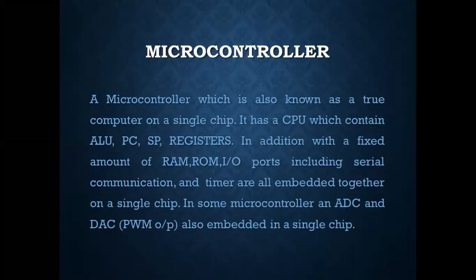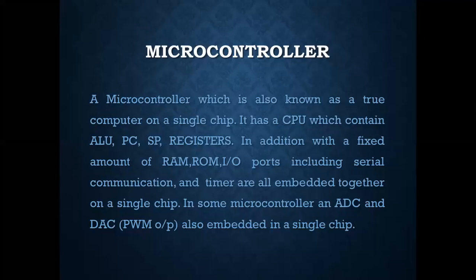So here comes the microcontroller, which is also known as a true computer on a single chip. It has a CPU which contains the ALU, program counter, stack pointer and registers. In addition, a fixed amount of RAM, ROM and input-output ports, including serial communication and timer, are all embedded together on a single chip, unlike the microprocessor. A microprocessor has an internal ALU, but no RAM and ROM is included with it.